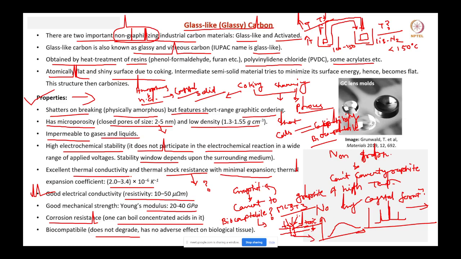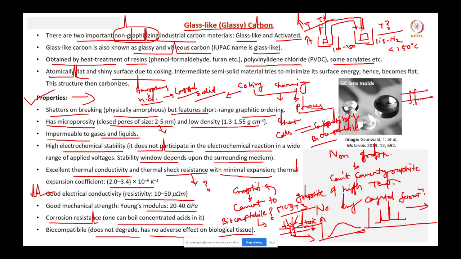So you have to remove this material externally, and it has no adverse effect on the biological tissues, which I have just explained. Suppose you have put your material in your body, there won't be any adverse effect on your tissues.